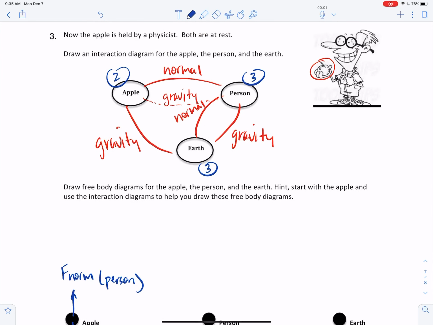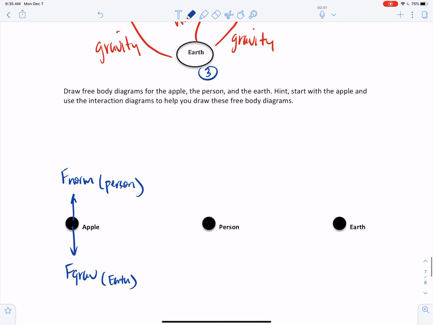We've got two forces. Let's go to the person. The person is supposed to have three forces acting on it, right? So let's follow the lines. We've got a normal force from the apple, we've got a normal force from the earth, and we've got a gravity force from the earth. So let's add those on our picture. The person is being pulled down by the force of gravity from the earth.